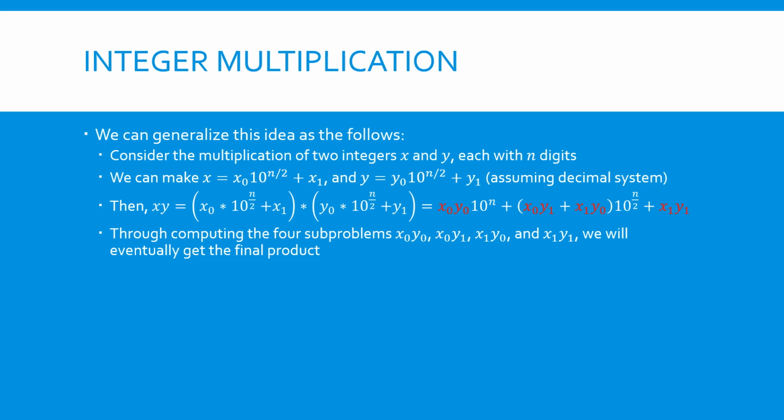Similarly, we can write y as y0 times 10 to the power of n over 2 plus y1. We then compute the product x times y as x0 times y0 times 10 to the power of n plus x0 times y1 plus x1 times y0 times 10 to the power of n over 2 plus x1 times y1.